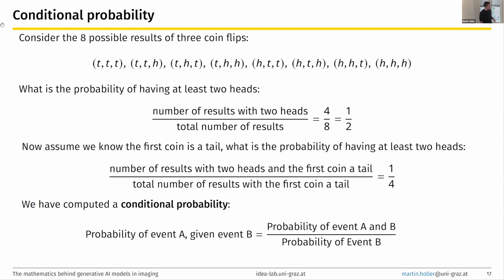And this can be computed by looking at the probability of both, so A and B happening, and dividing by the probability of B. So what we have learned basically is, if I want to look at the probability of A given B, I can compute this by looking at the probability of A and B and dividing by the probability of B. Okay, so this is the definition of conditional probability.